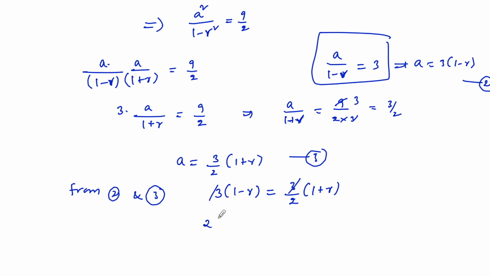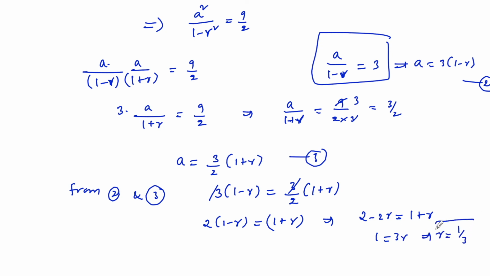So 2 times (1 minus r) is equal to 1 plus r, or we can write 2 minus 2r is equal to 1 plus r, or 2 minus 1 is equal to r plus 2r, that is 3r. So we can get r is equal to 1 by 3.